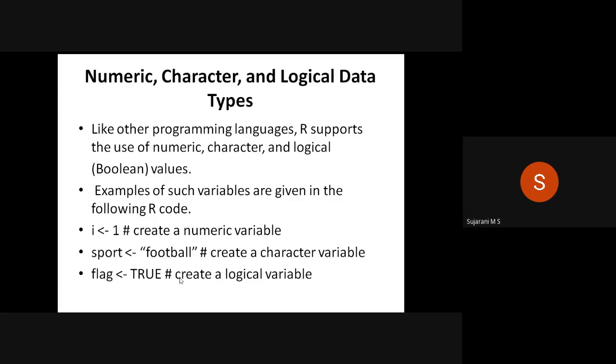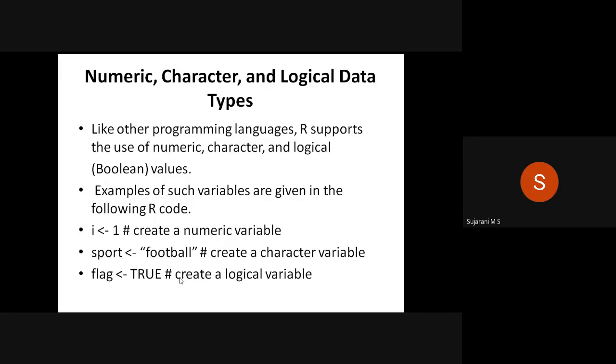Some examples are given in this R code. First example, i arrow 1. That means i equal to 1. Here in R programming we use the arrow mark as an assignment operator. By default, it creates a numeric variable.